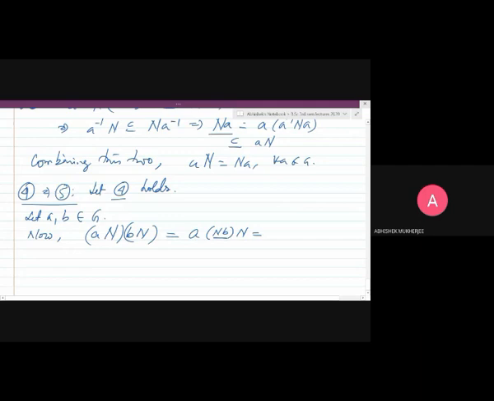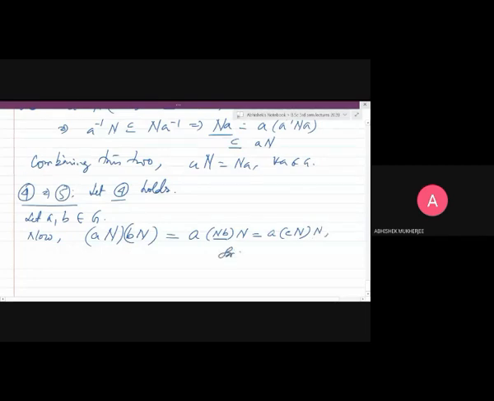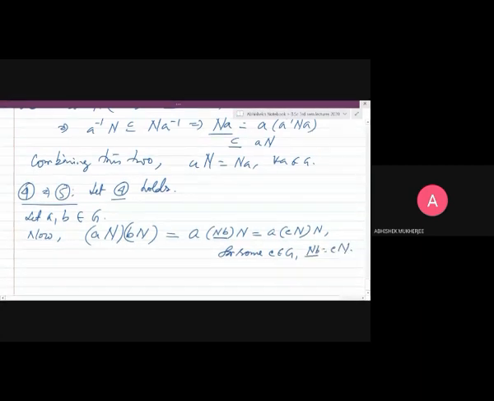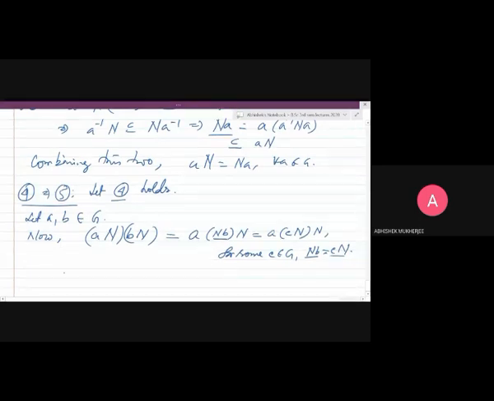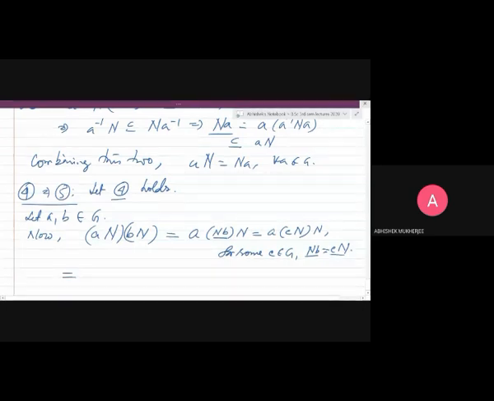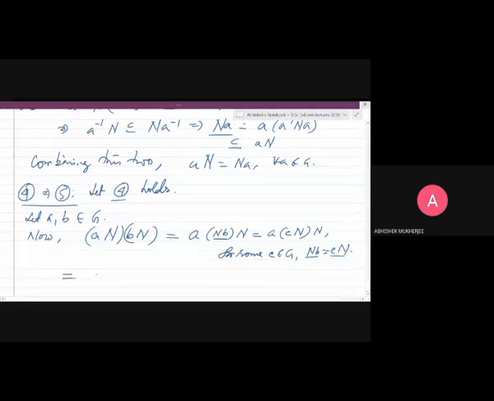That means Nb is actually some cN for some c belonging to G. Nb equals cN, a left coset. So it is a c N N. But what is NN?